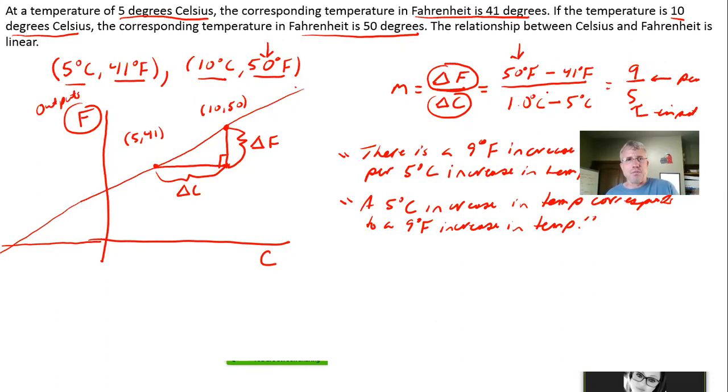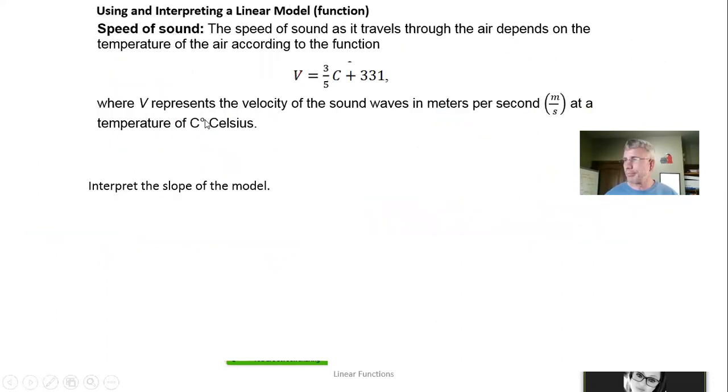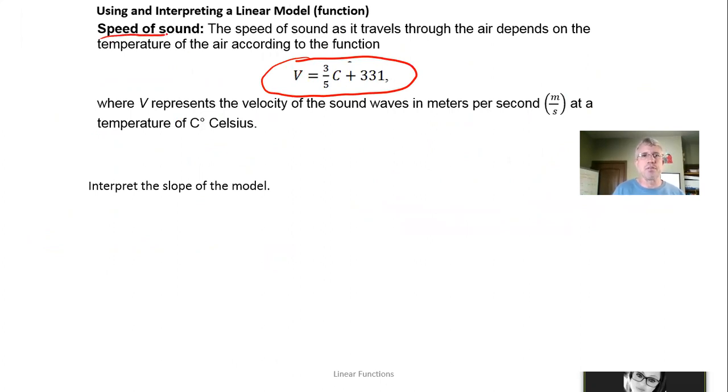So if we slide ahead to another example, I could just give you a random function, a model. What is this model? Speed of sound. It says the speed of sound as it travels through the air depends on the temperature of the air.